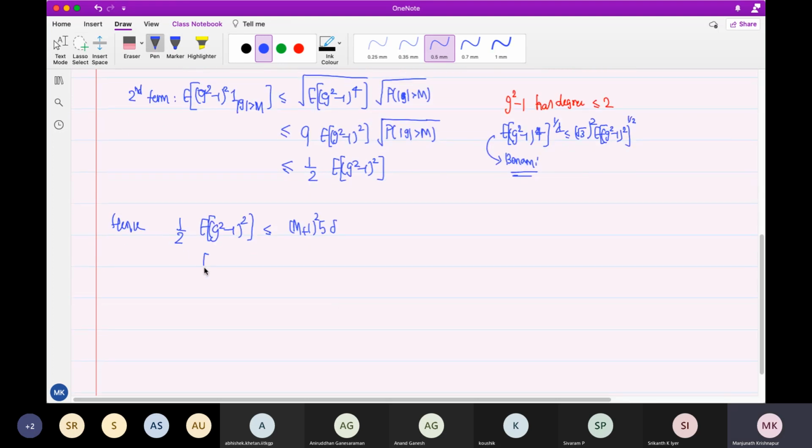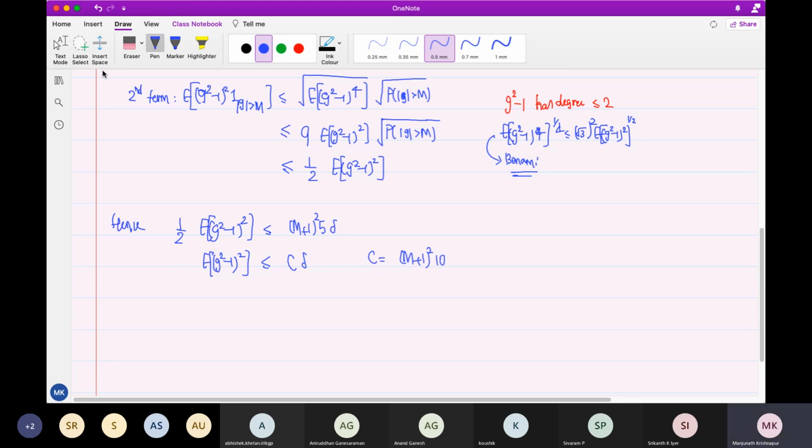So which is same as expectation of (g square minus 1) square less than or equal to c delta, where c is (M plus 1) square into 10.